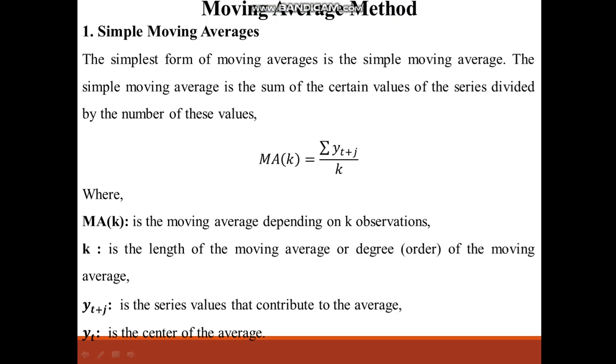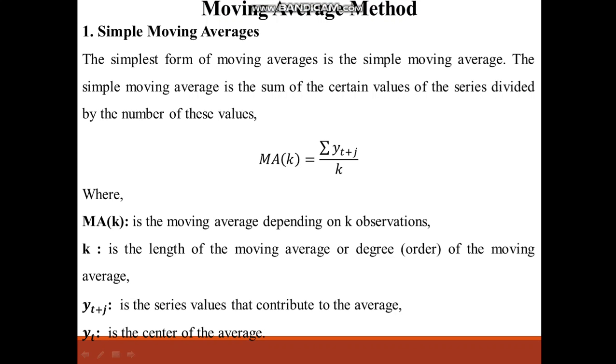We explained the simple moving average, and we say that the MA, or the moving average, depends on K observations.